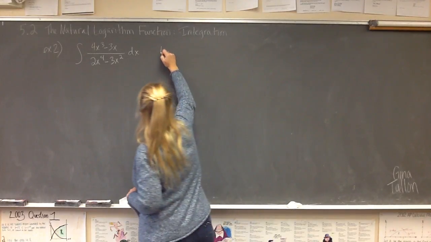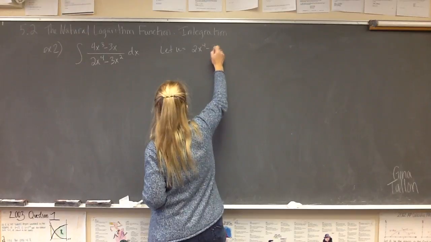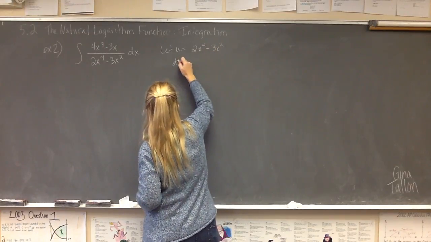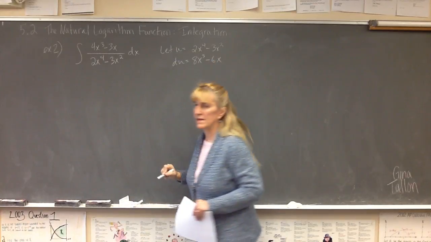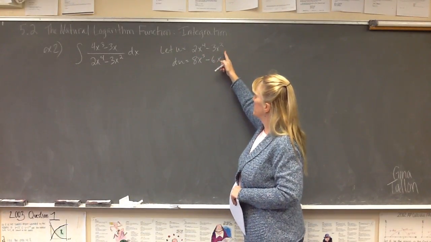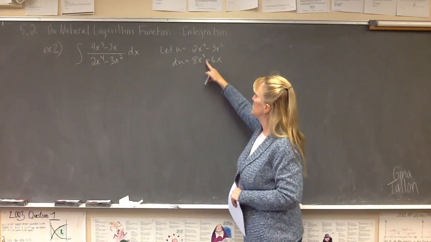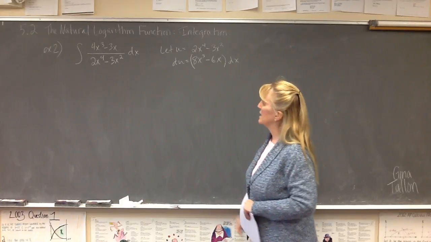So I'm going to go to the side and I'm going to say let u equal 2x to the 4th minus 3x squared. And basically my thought process just gets written down. My du becomes the derivative of 2x to the 4th minus 3x squared, which is 8x cubed minus 6x, all with respect to x.